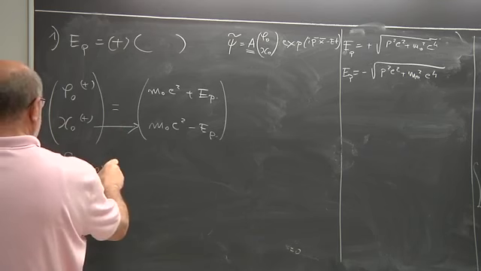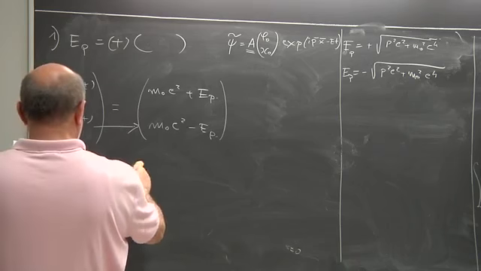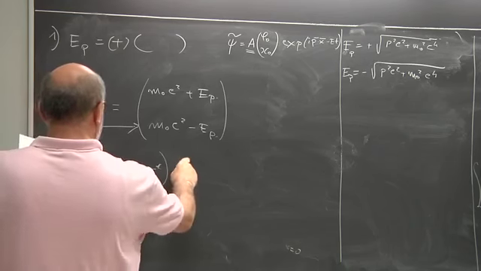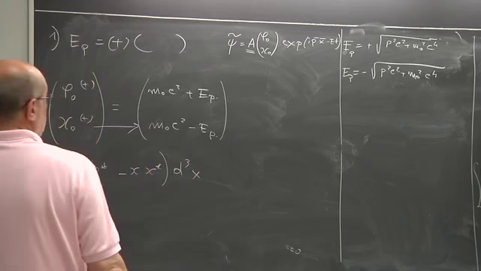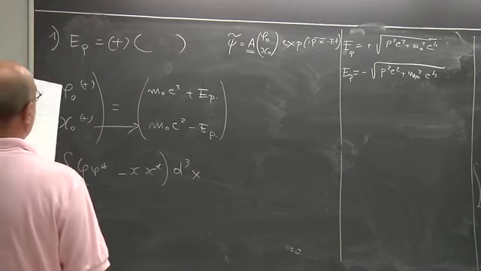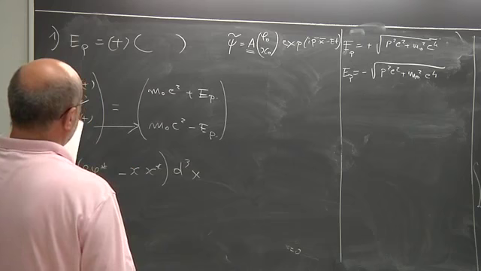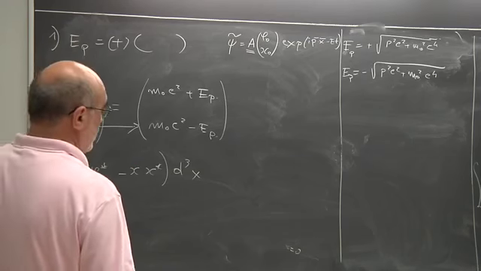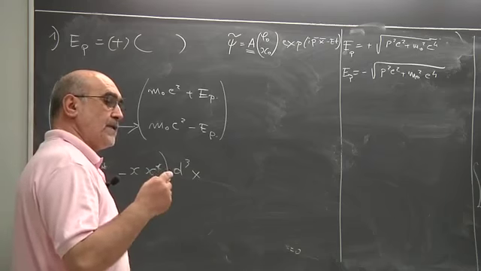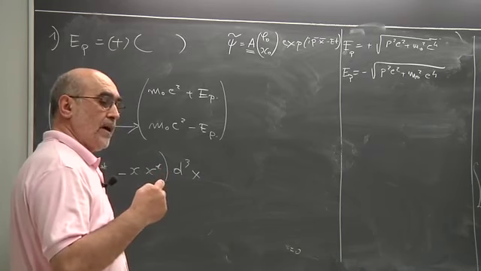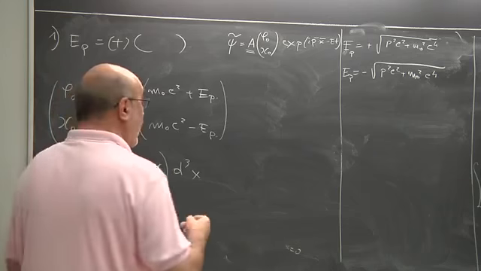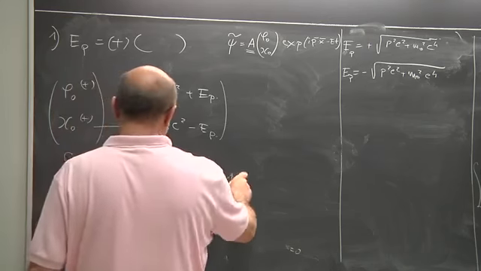Remember that the normalization was the integral of phi star phi minus chi star chi d3x. These are the solutions, and the plus energy solution, when we interpret rho as charge density, is associated to the plus charge, so it is equal to 1.